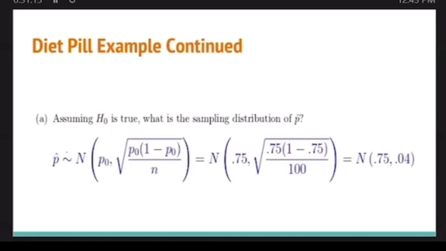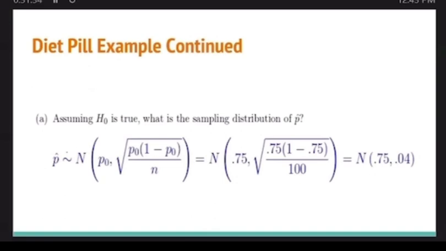Does that make sense? The condition under which it has to be normal is that np must be greater or equal to 10, and n times 1 minus p must be greater or equal to 10. We call the first one the number of successes, the second one the number of failures.